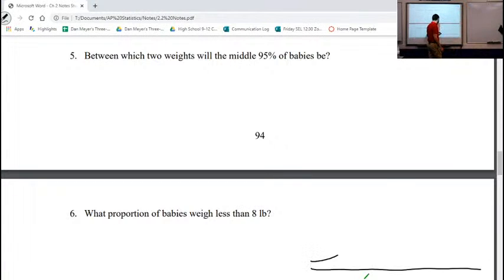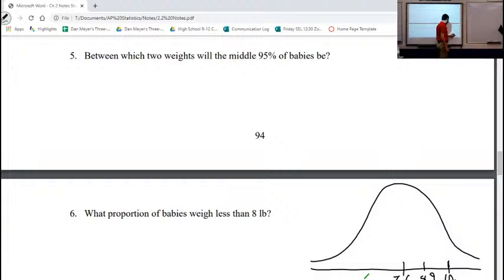So let's draw our normal curve again. We had 7.6, we had 8.9, we had 10.2, we had 6.3, we had 5.